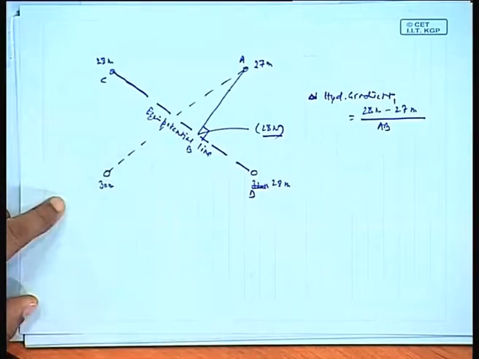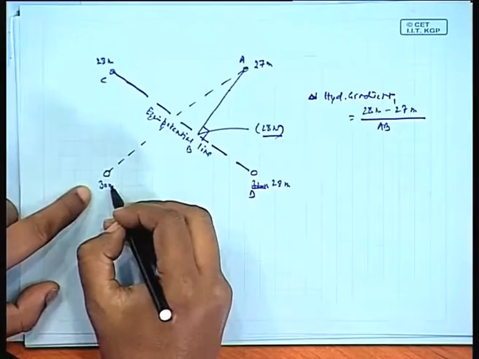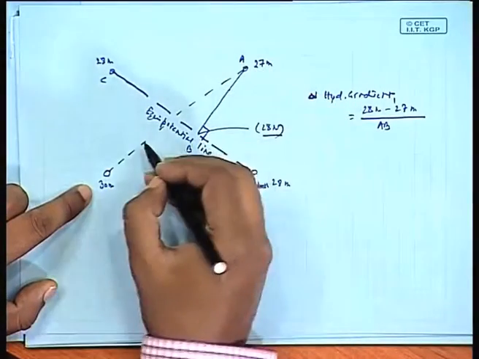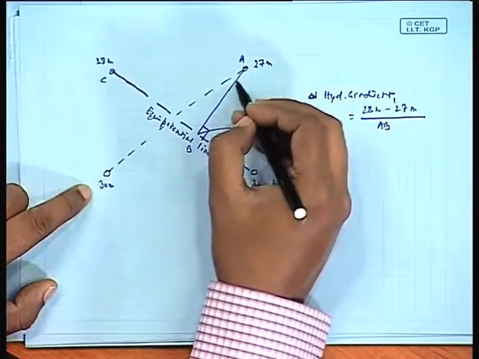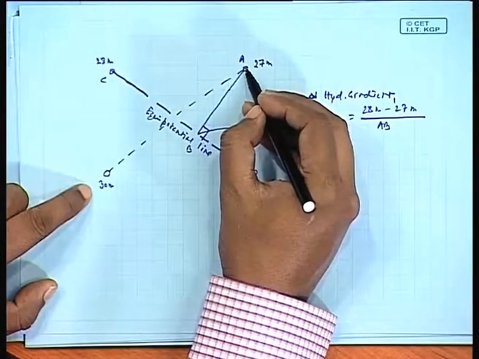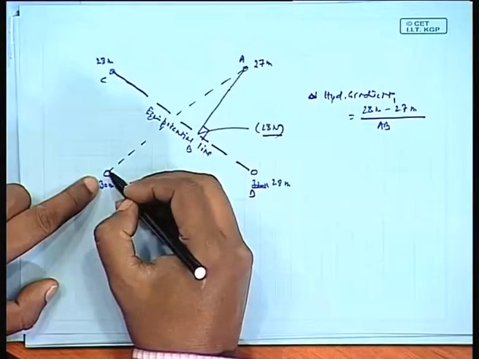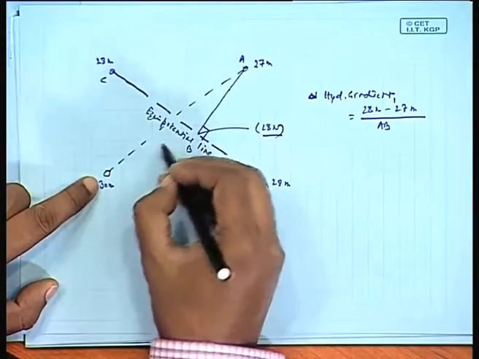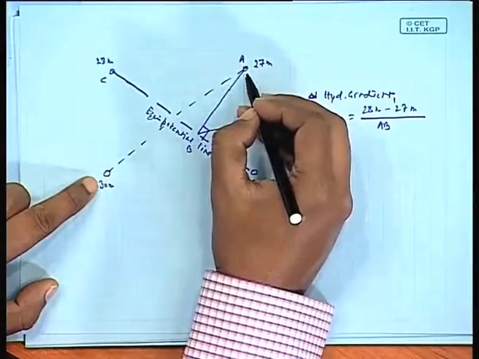Between 30 meter and 27 meter, this is a 3 meter difference in the head.